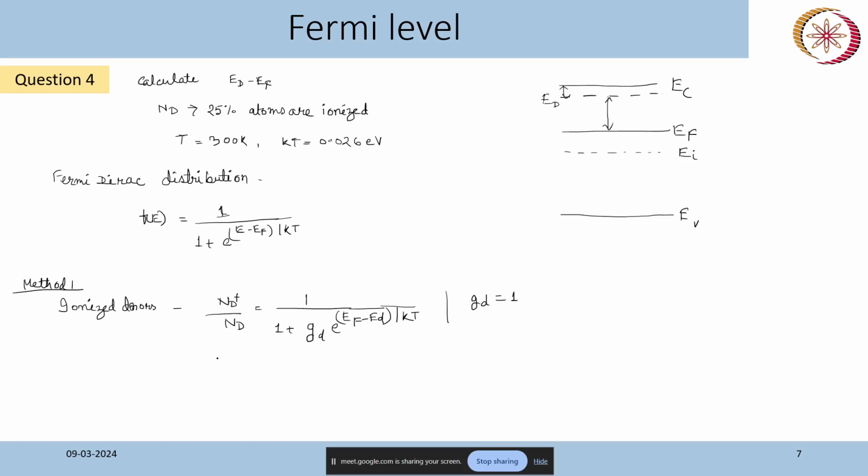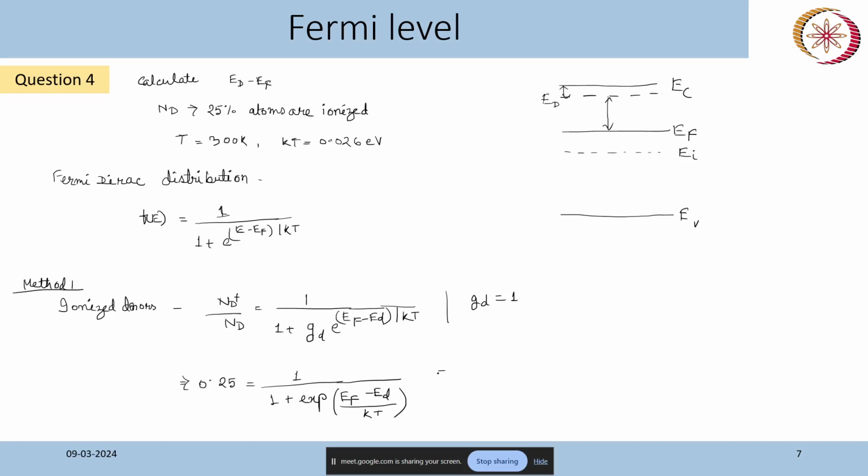This ratio is given as 25%, so that means it is 0.25, equal to 1 over 1 plus exponential of (EF minus ED) by kT.